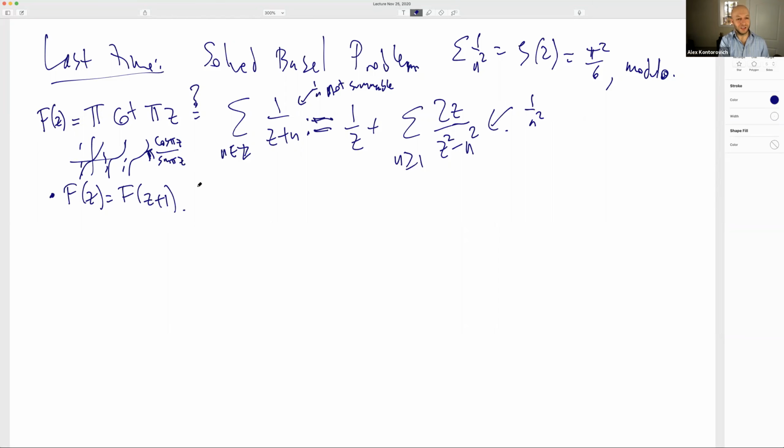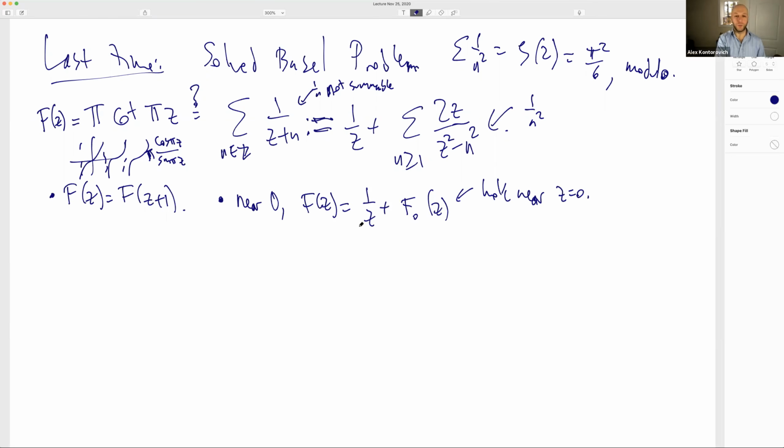So my second remark is that near 0, f of z is equal to 1 over z plus a function that is holomorphic near z equals 0.